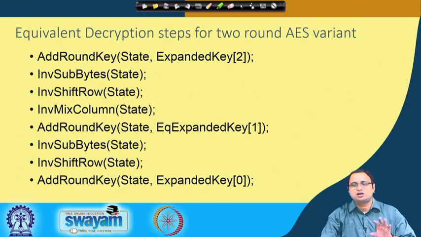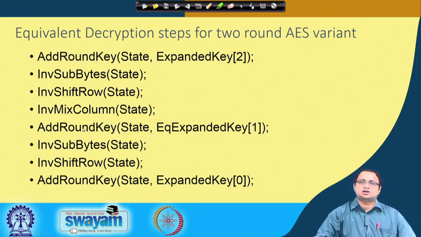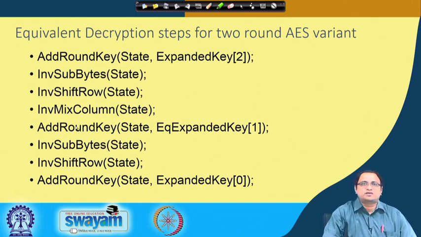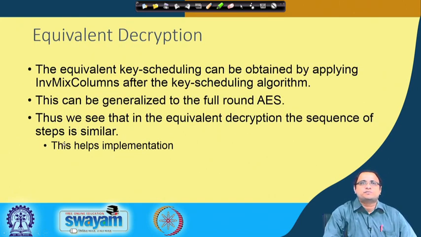Once you have understood this, we are in a position where we can share between the sub byte and the inverse sub byte, and between the mixed column and the inverse mixed column, and try to see whether we can save some gates. There are a couple of interesting techniques which people have proposed.